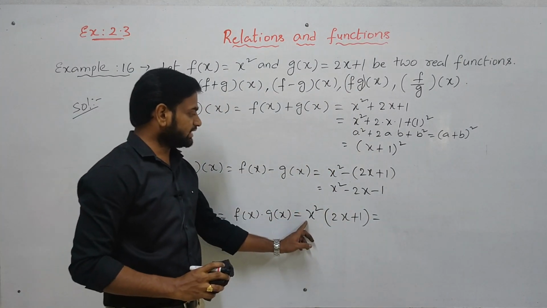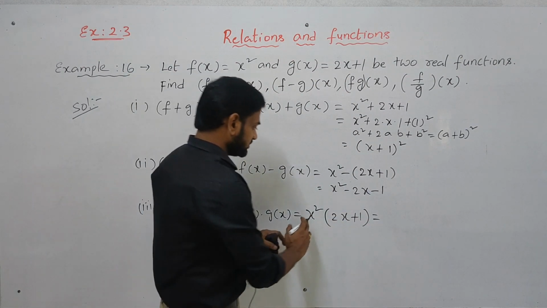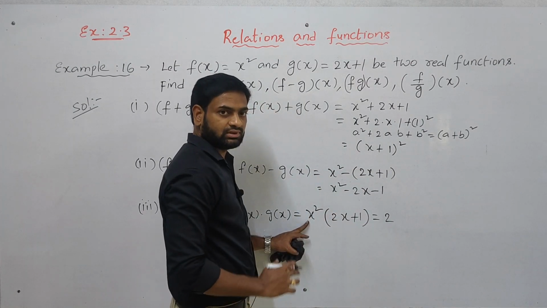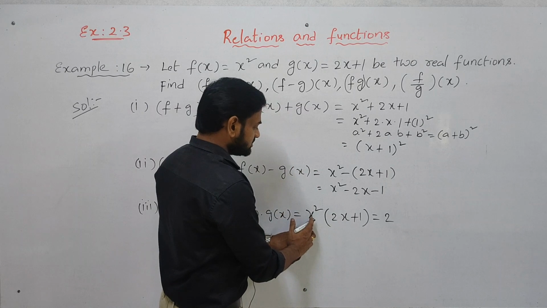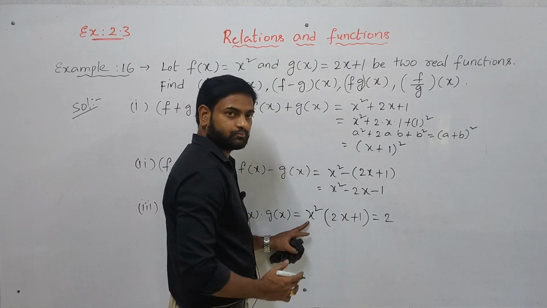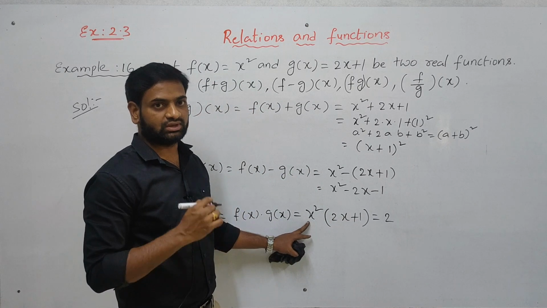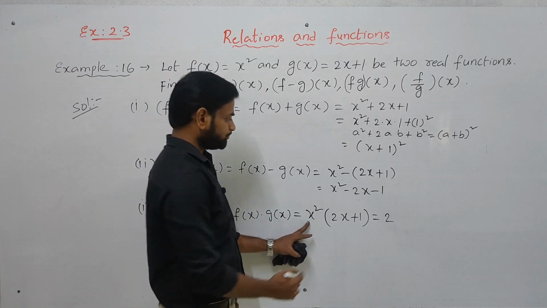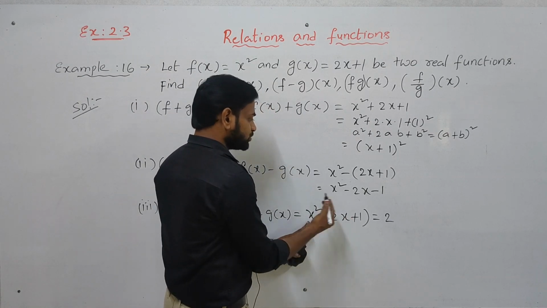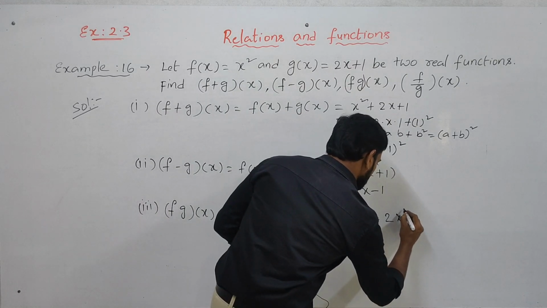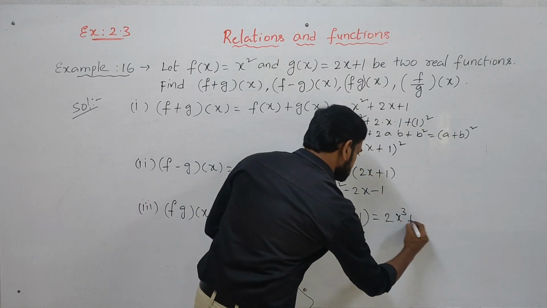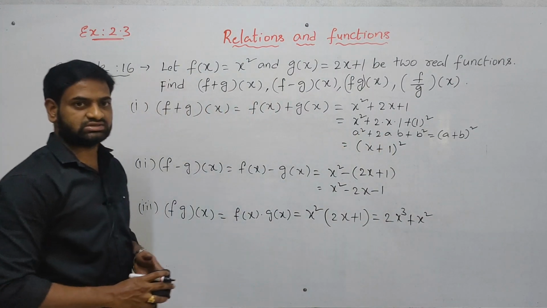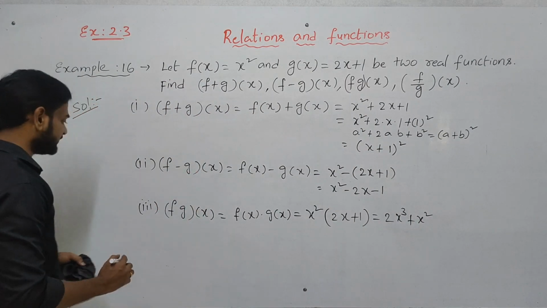Now multiply x square inside. x square into x is x cube, because when bases are equal in multiplication, we can add the powers. Here the power is 1, so 1 plus 2 is 3. So 2x cube plus 1 into x square is x square. That is the answer.